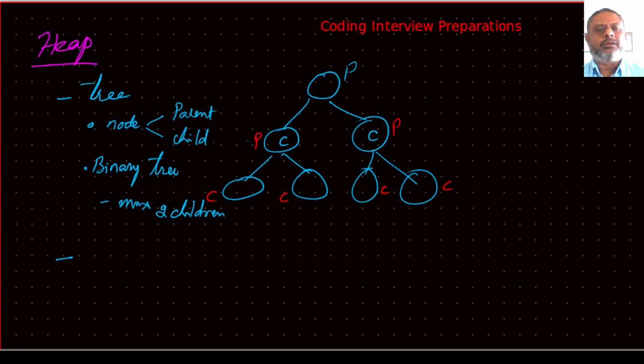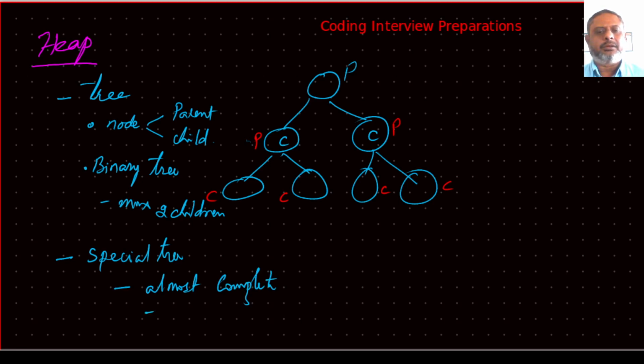So what a heap is, a heap is a special type of tree that is almost complete. That's the first thing.